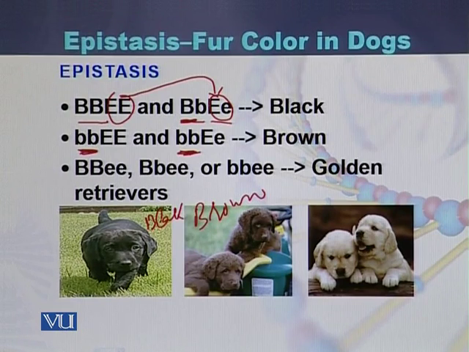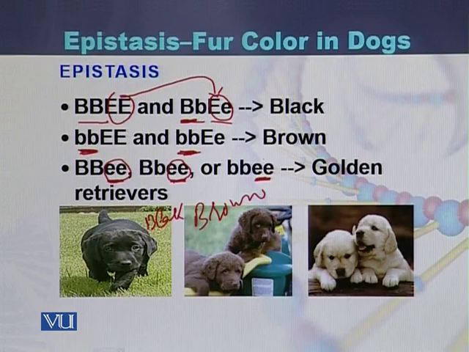But there is a second gene, which is represented by dominant alleles and recessive alleles. If the second gene is present in recessive form, like in these genotypes, then although in the first genotype there is a capital B, a dominant allele for black color, the second gene is in recessive form.